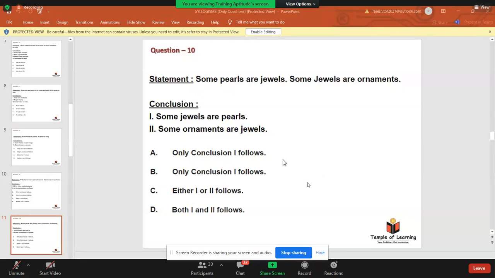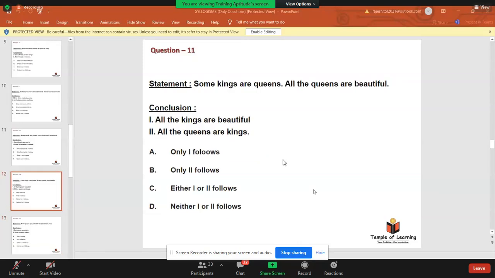Keep doing it, up to the 20th question. Students, for the questions I could not discuss, questions 9 onwards, the solution I have provided is all with diagram. Quickly complete it in the next 5 minutes.